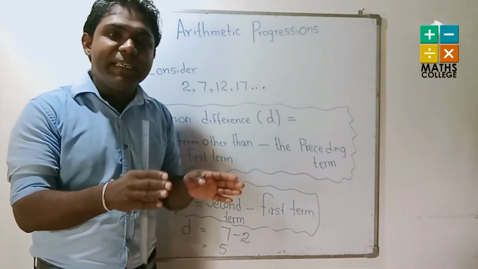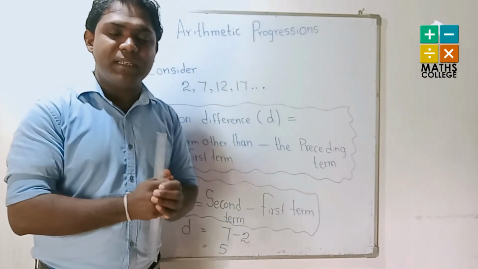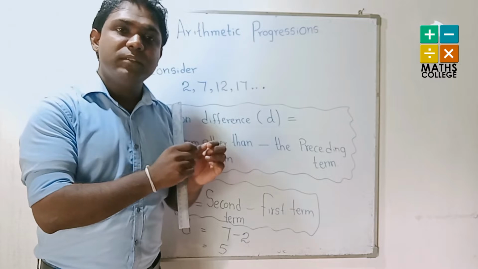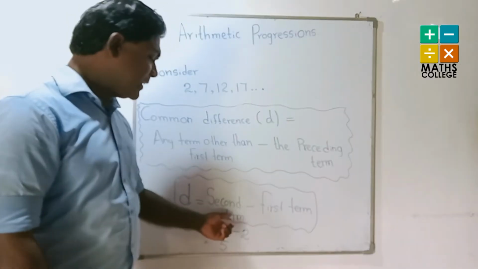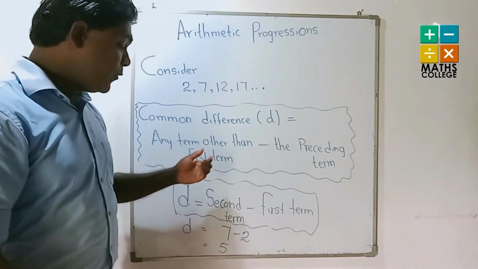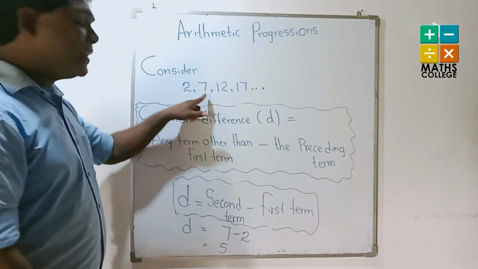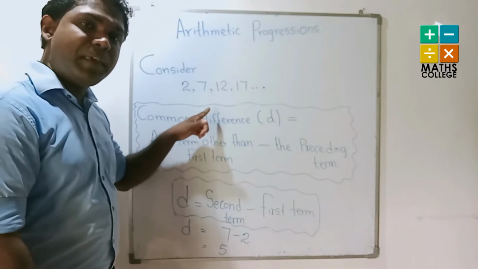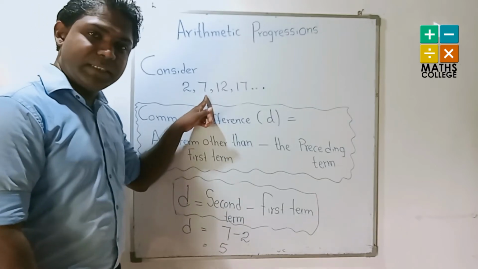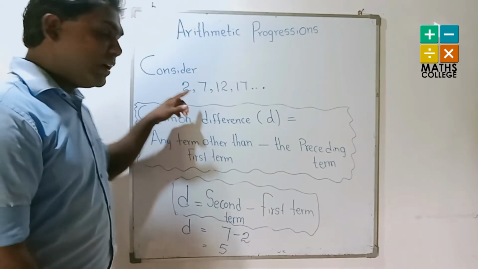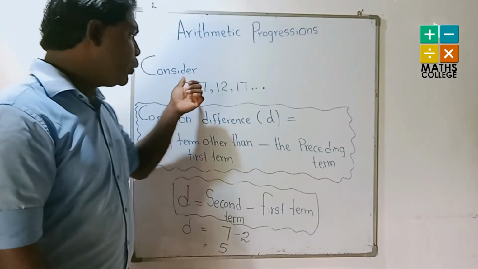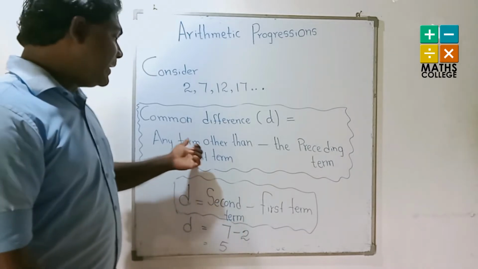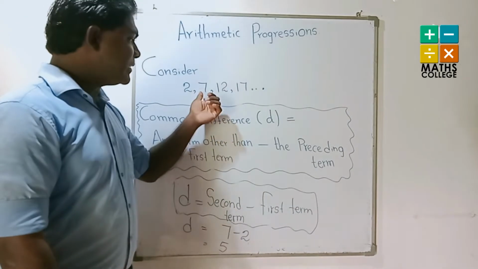When we consider any two consecutive numbers, we subtract the first term from the second term. Considering 2 and 7, 7 is the second term and 2 is the first term. According to this formula, the preceding term is 2 and the other term is 7.